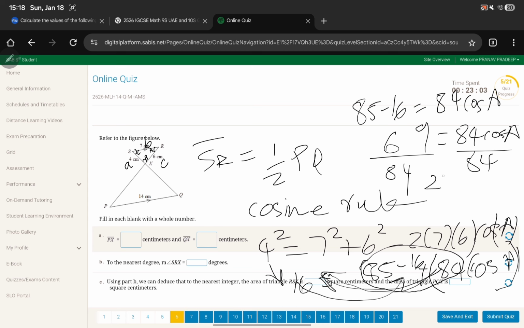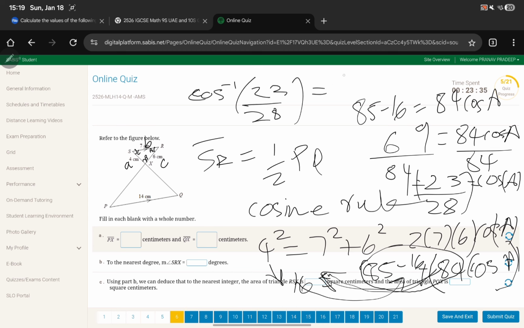Then you end up getting 23 over 28 equals cos A. So once you get 23 over 28, just press shift cos 23 over 28, and you'll get something like 34.777, which rounded to the nearest whole number will be 35.